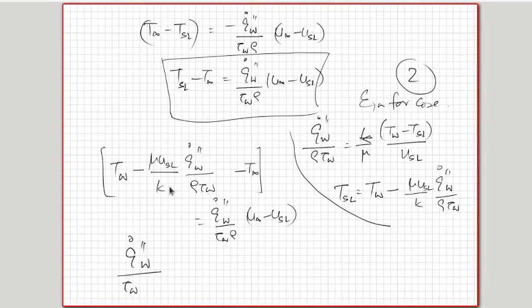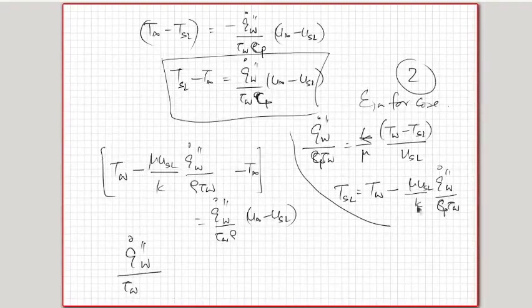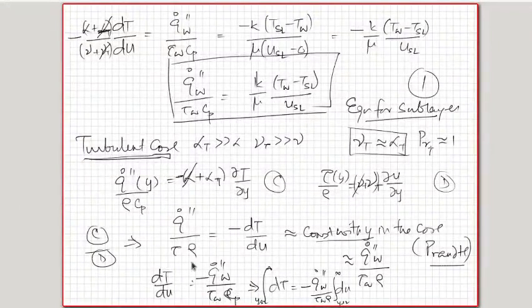Okay, I've been writing tau wall rho, it has been shown tau wall CP everywhere. Where else did I do that? Yeah, the rho gets cancelled.